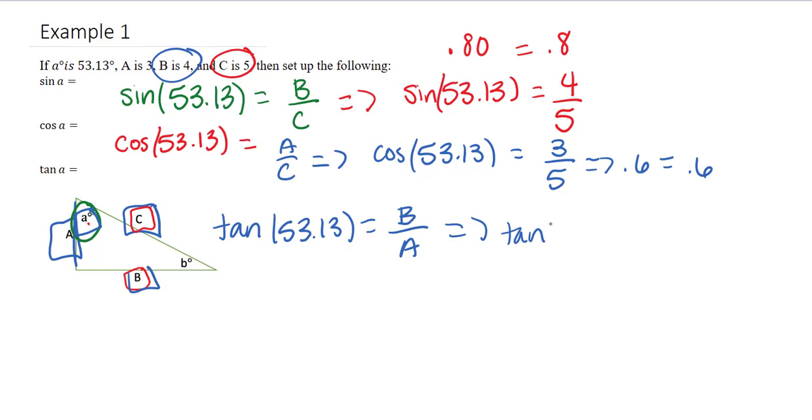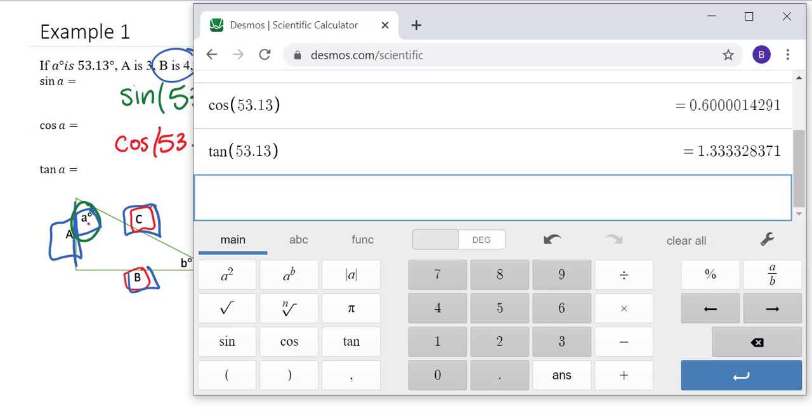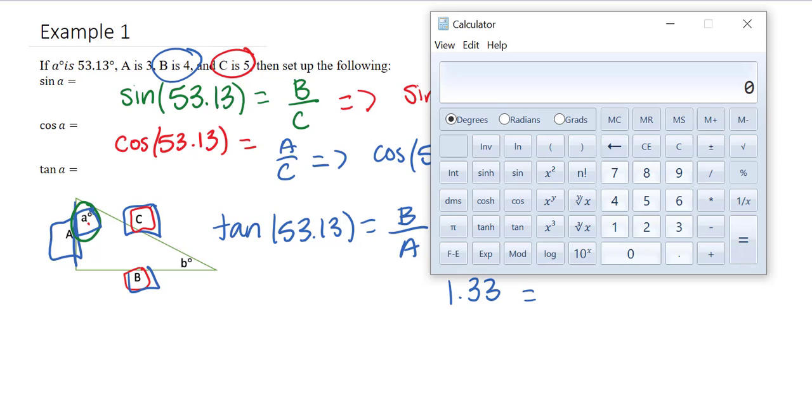So let's look at this. Tangent of 53.13 is equal to 4 over 3. And we found that the tangent of 53.13 is 1.33. And what's 4 divided by 3?